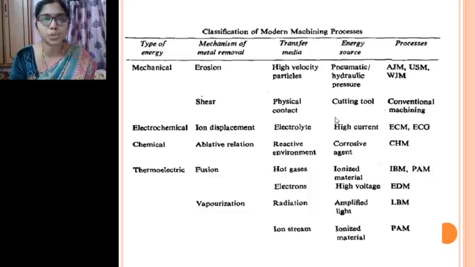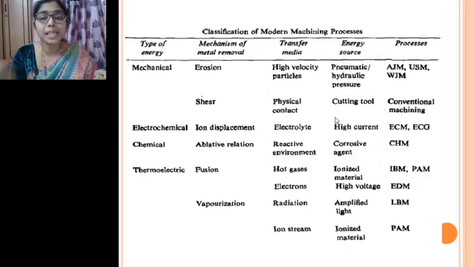The mostly used ones are aluminum oxide, silicon carbide, diamond, and carbide materials. Those are used as abrasive particles, right?